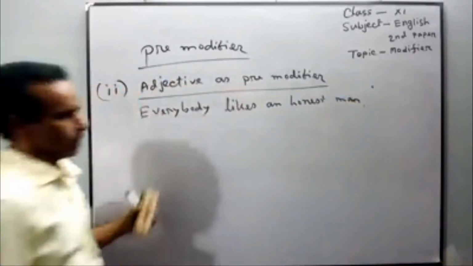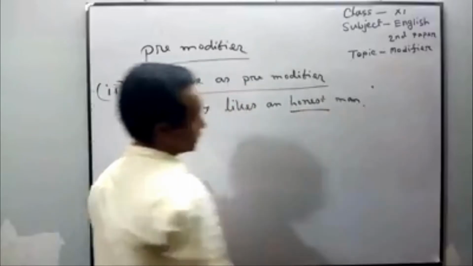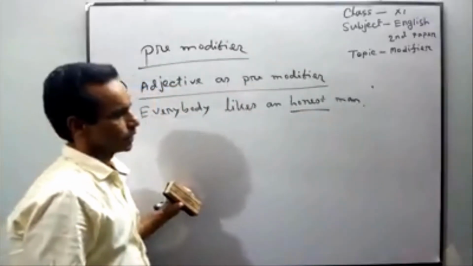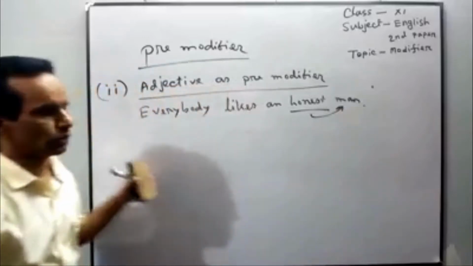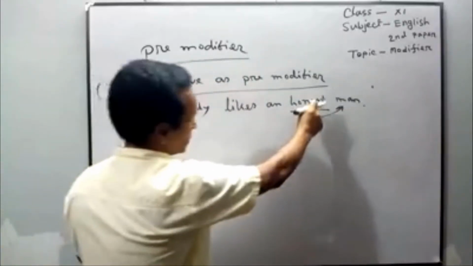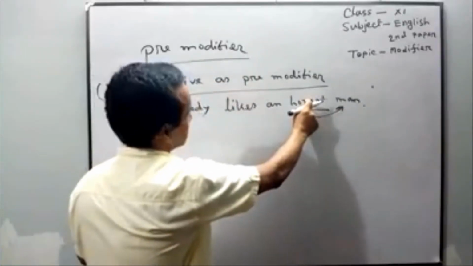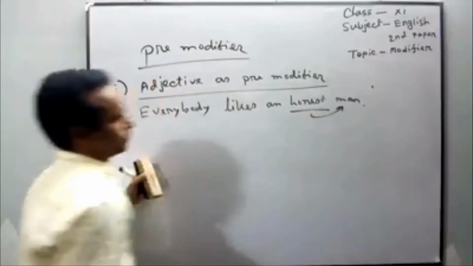Here, honest is an adjective and it has qualified the word man, sitting before it. So, this adjective is a pre-modifier.